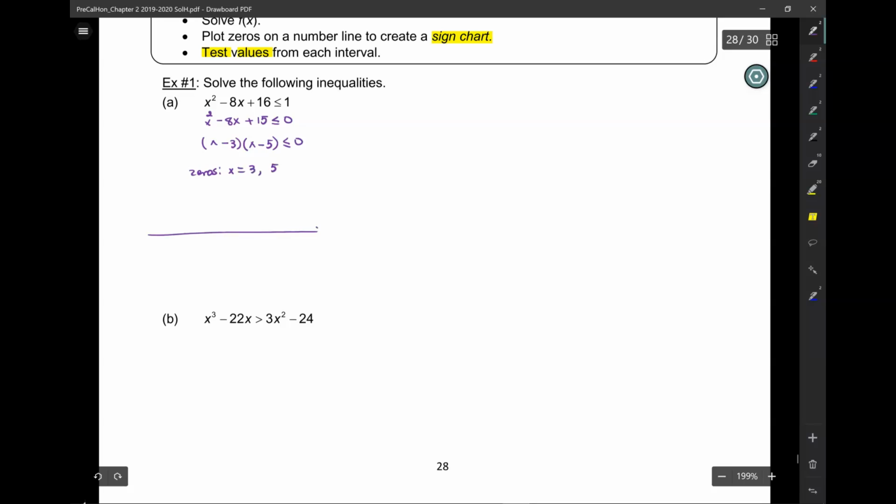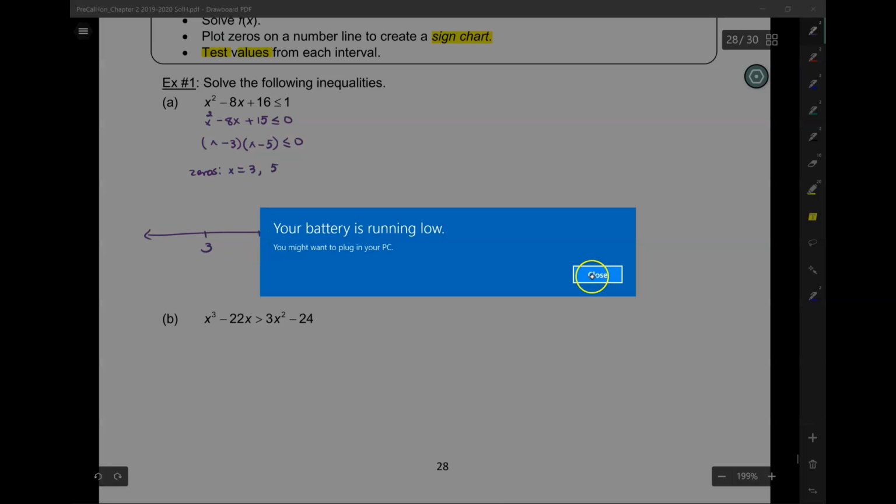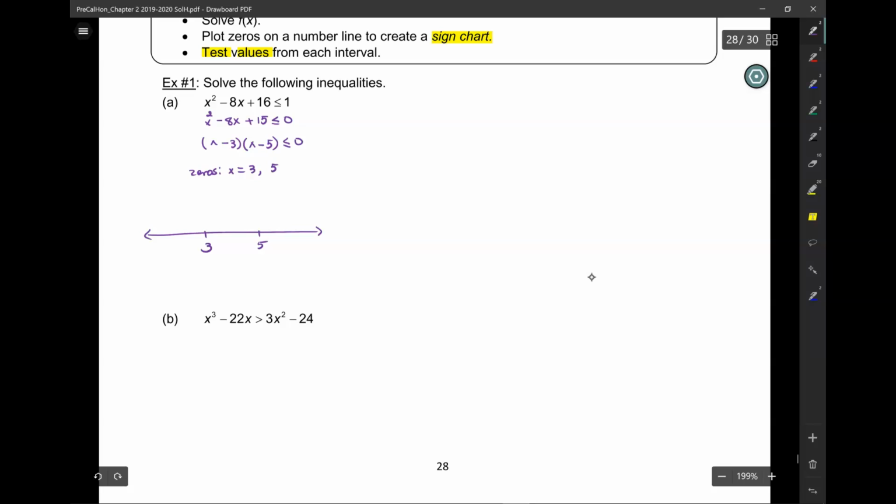Okay, I'm going to put those on a number line. Now what I'm going to do is plug in test points. Yes, this is the sign chart. Now I have to plug in test points from each region. So, from the leftmost region, let's plug in 0.